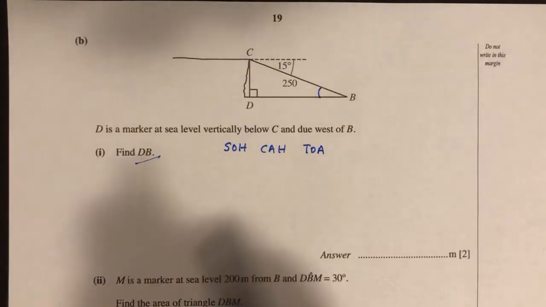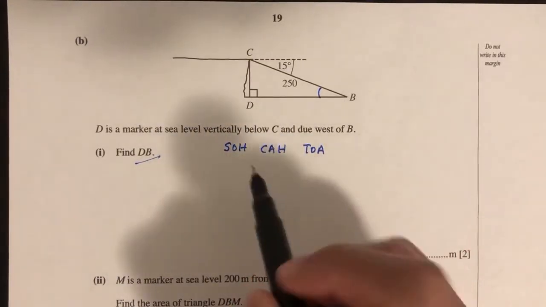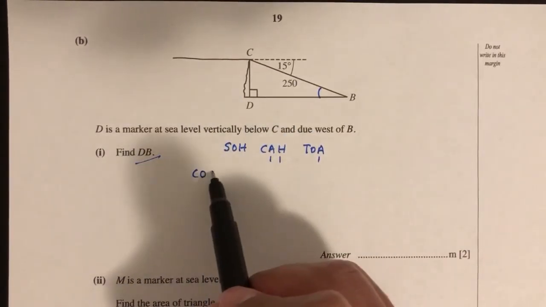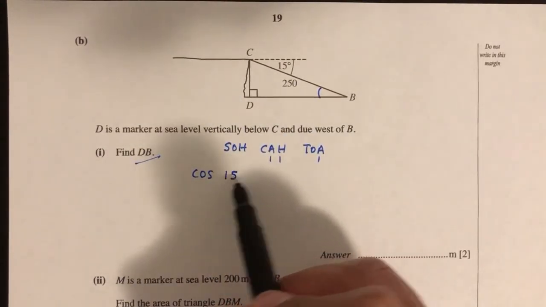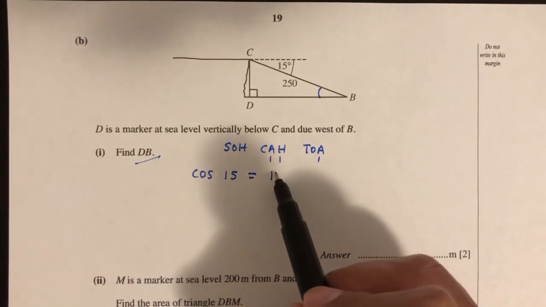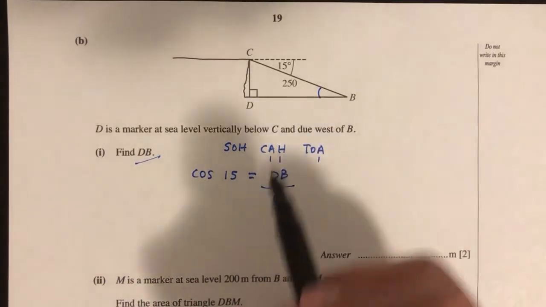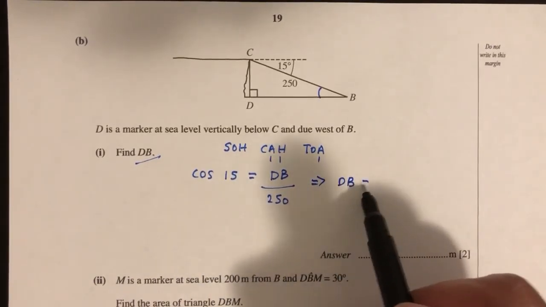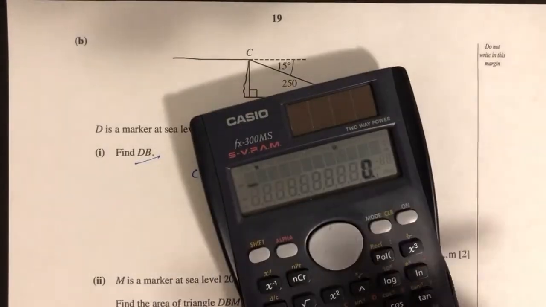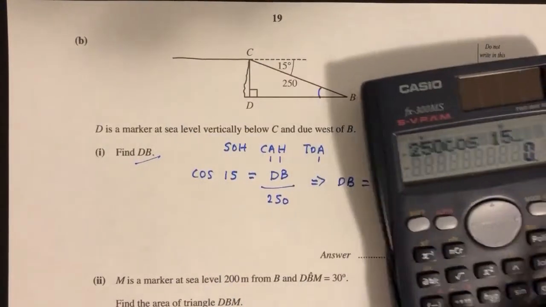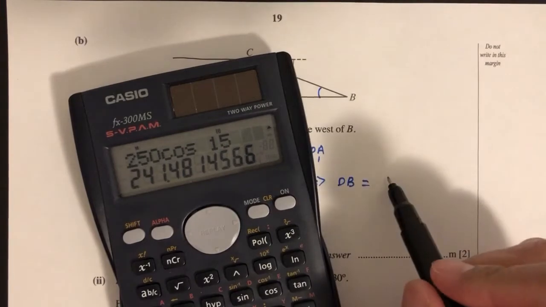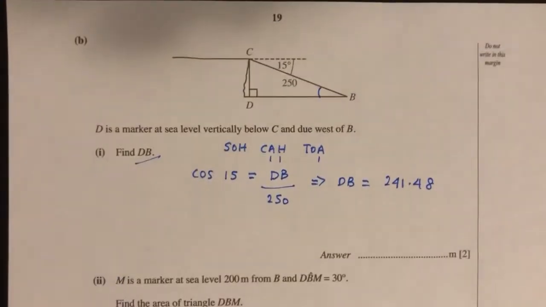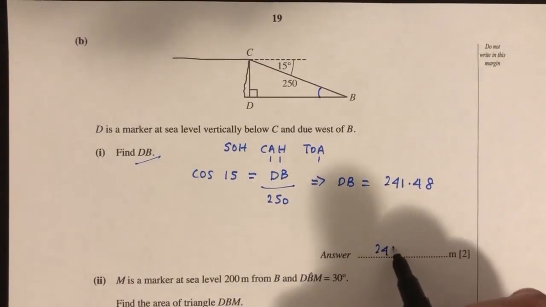We want to find the adjacent side, and we know the hypotenuse, so we use cos of 15, equal to DB divided by 250. So DB will be 250 times cos of 15, which is 241.48. That will be your answer for DB. So you can write 241.5.